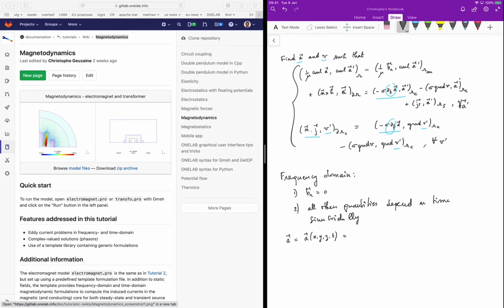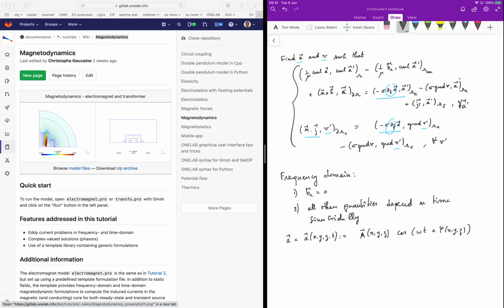I can write it as capital A of x, y, z times the cosine of omega t plus a phase that can also depend on the spatial location. So this is my hypothesis.